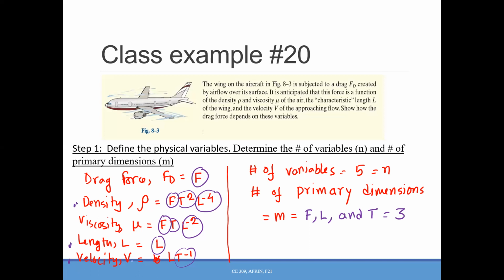There is no specific reason I chose that. But if you look at L and V, their dimensions are a little bit simpler, so you will just have L to the 1 and L to the 2, which is 2. That will help us with the calculation. Other than that, there is no specific advantage of choosing these three.